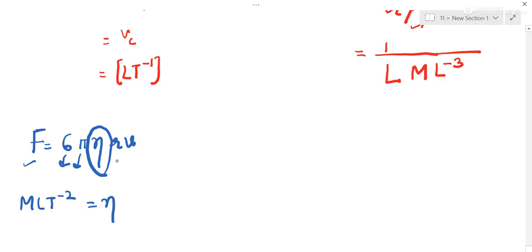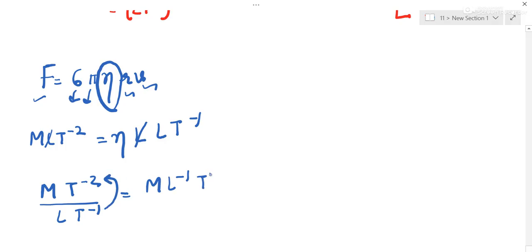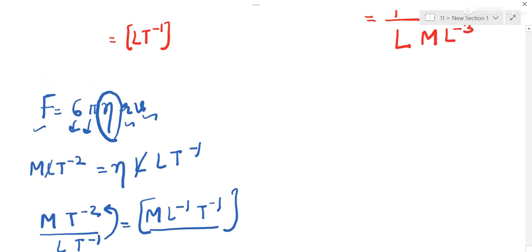Eta is to be calculated. Radius is L, velocity is LT^-1. So L cancelled. Now you can arrange it properly. It is MT^-2, L will come down and T^-1 will come down. So this is equal to ML^-1, this will go up and get added. So it is T^-1. This is the dimensional formula of coefficient of viscosity.